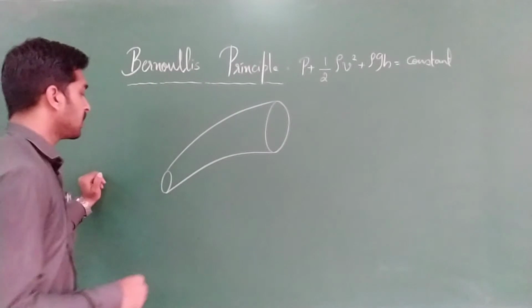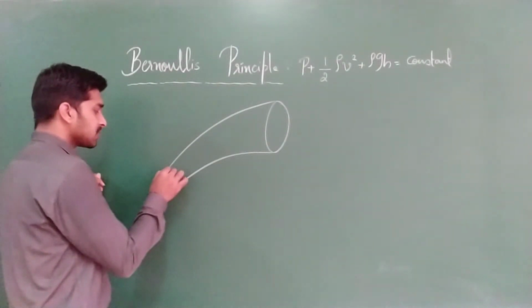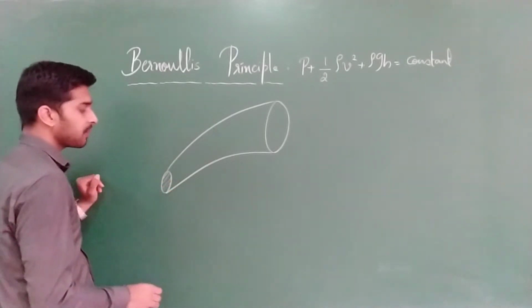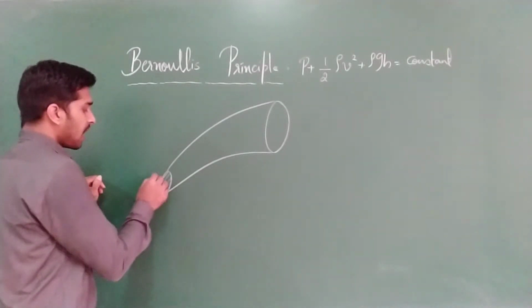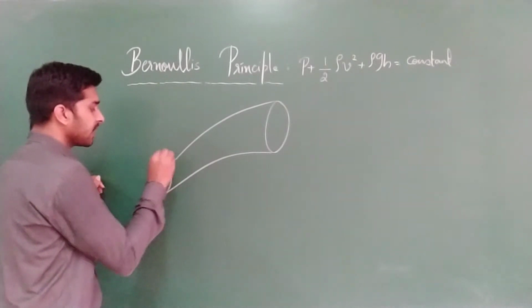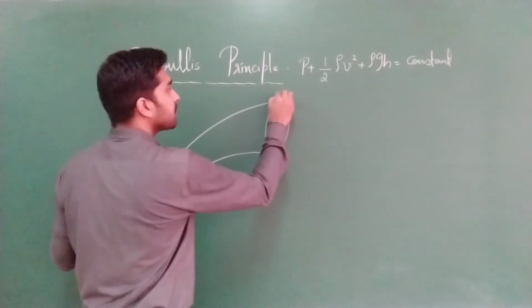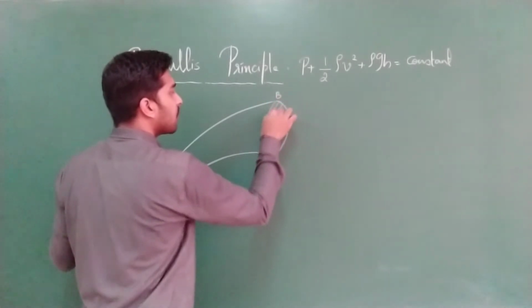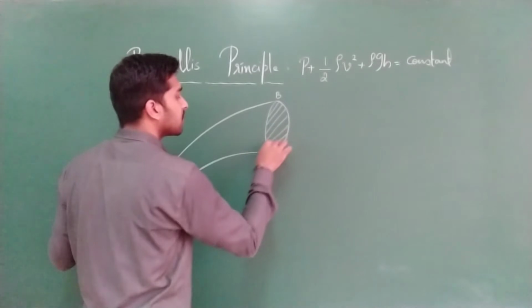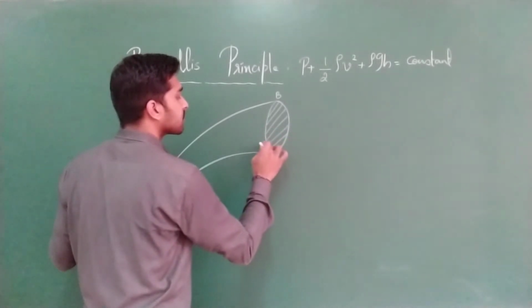value. So what it tells us is, first of all, it is a pipe of varying cross-section, having cross-sectional area A1 at the end A, and at the end B we have a different cross-sectional area, that is A2.